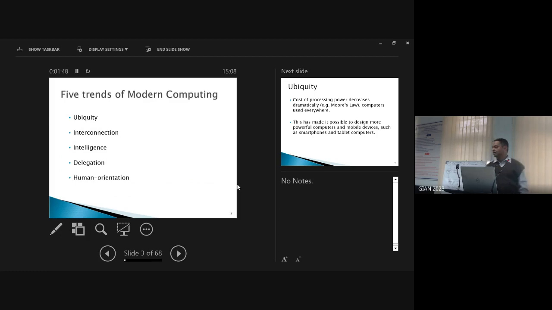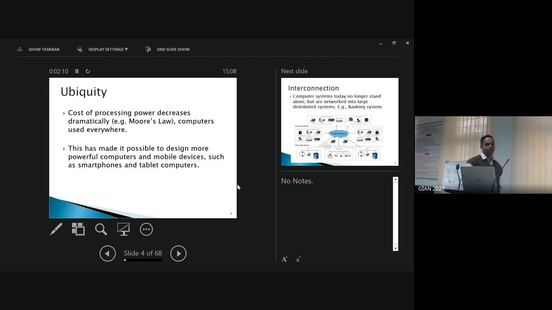If you see, there are 5 trends of computing systems. The first one is ubiquity. The second ones are interconnection, intelligence, delegation, and human orientation. These are the 5 modern trends of any computing system. What is ubiquity? Ubiquity means the computer system is available everywhere, from the mobile phone to any electronic gadget, your microwave, fridge, AC, everywhere.